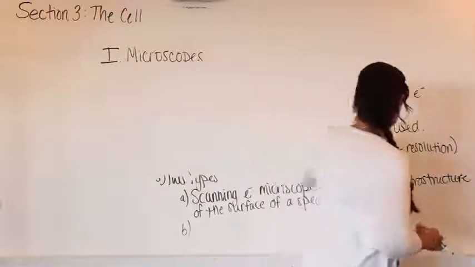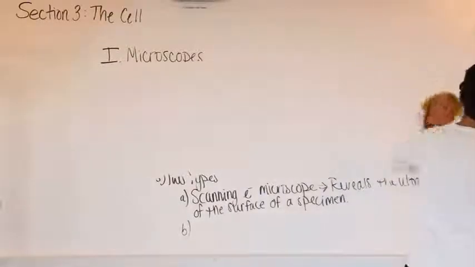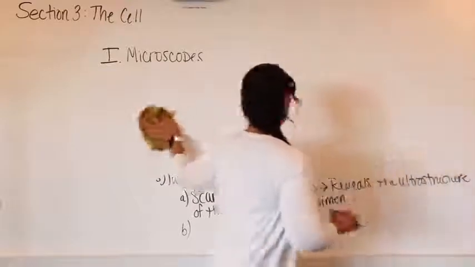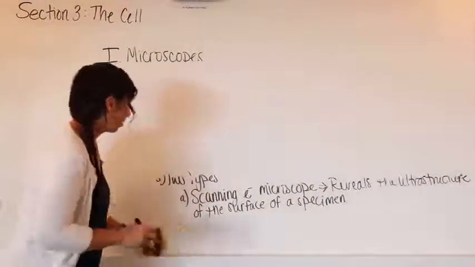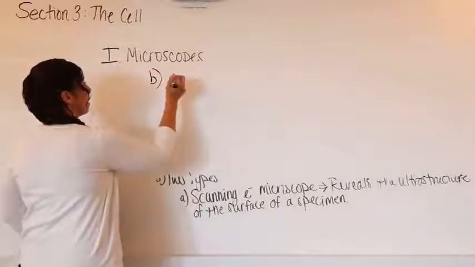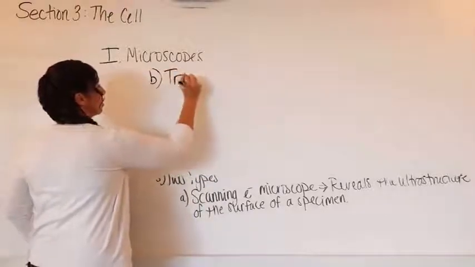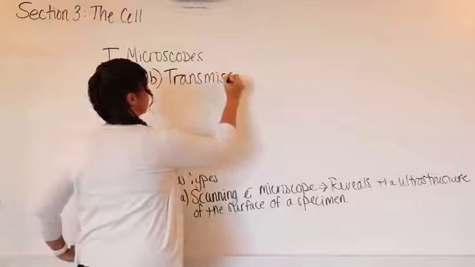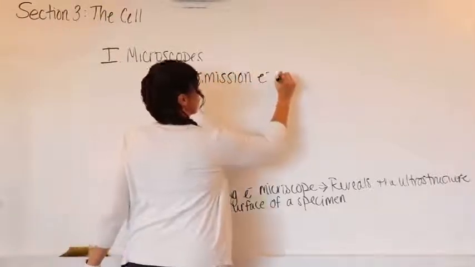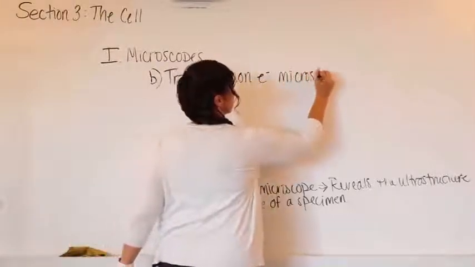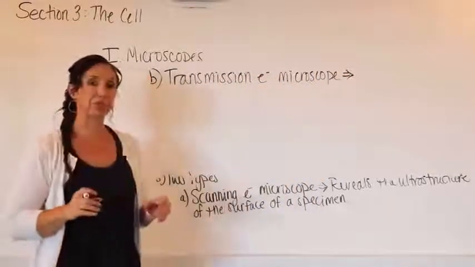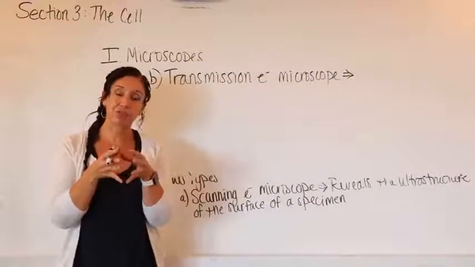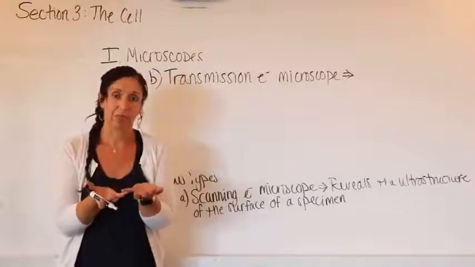If one type of electron microscope looks at the surface, you can imagine there's a whole lot of information to be gained by looking at the inside, and that's exactly what this one does. Little b is called a transmission electron microscope. A transmission electron microscope allows you to reveal the ultrastructure of the inside of whatever you're looking at.